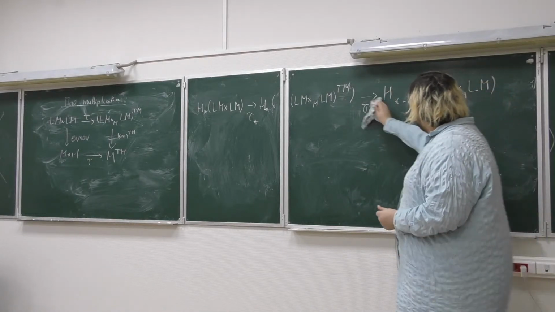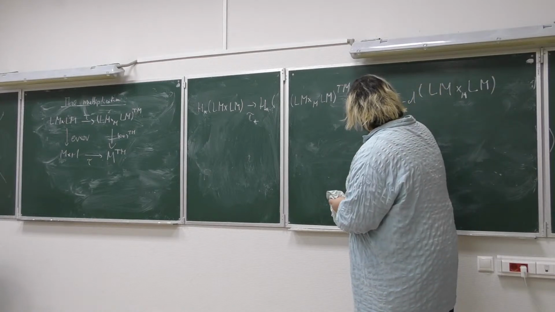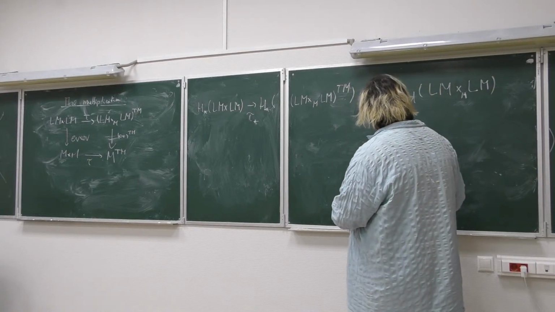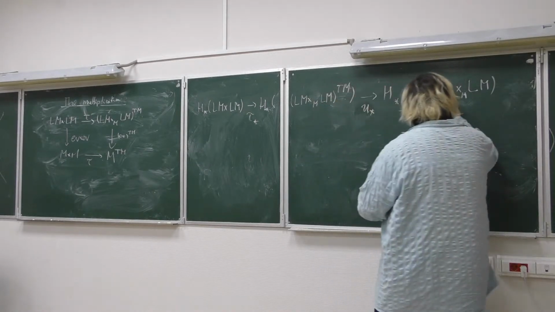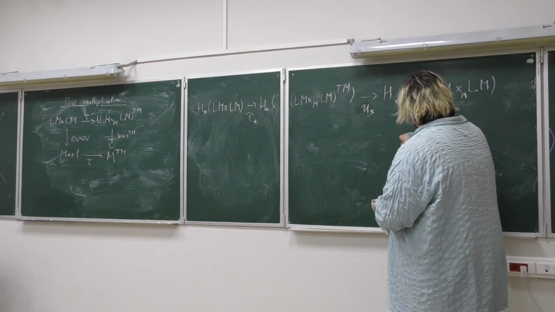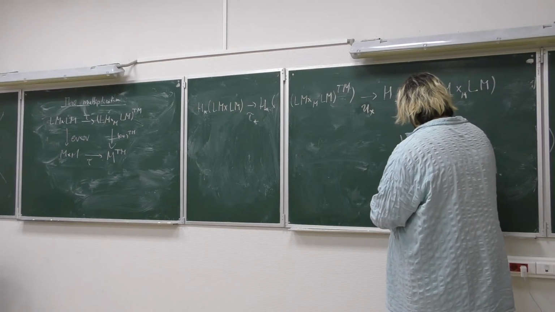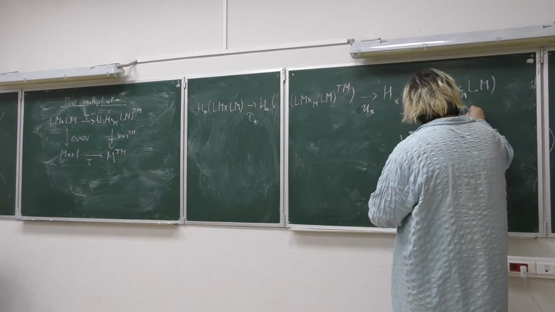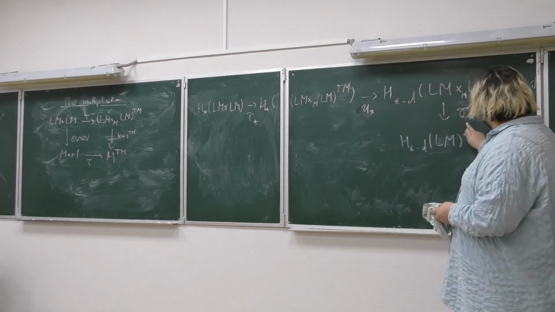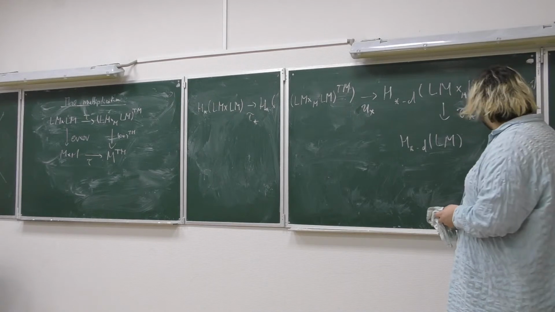Yes, but then there was a map from this thing into LM, just a single column. To LM, yes, of course, which is the composite. So gamma is a loop composite.